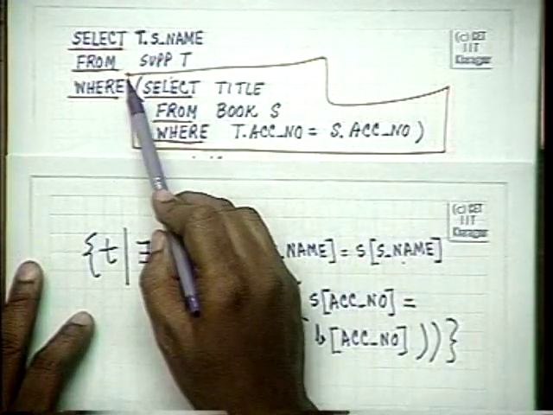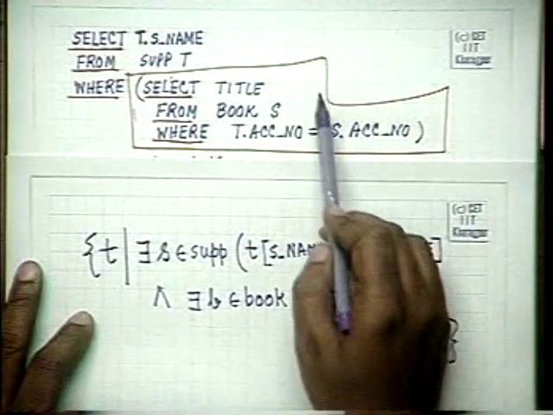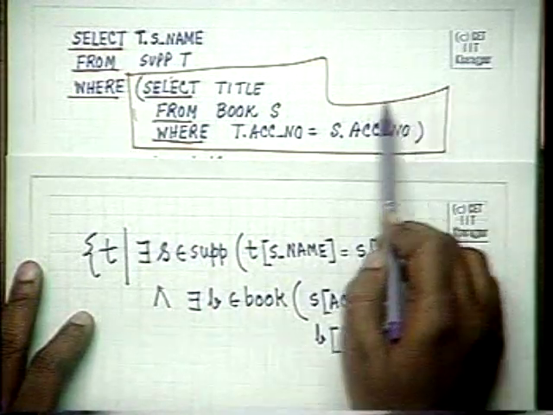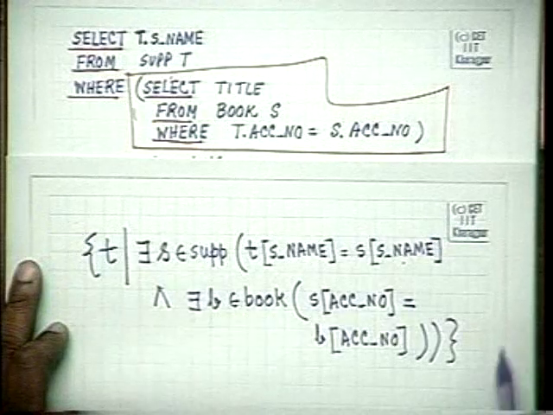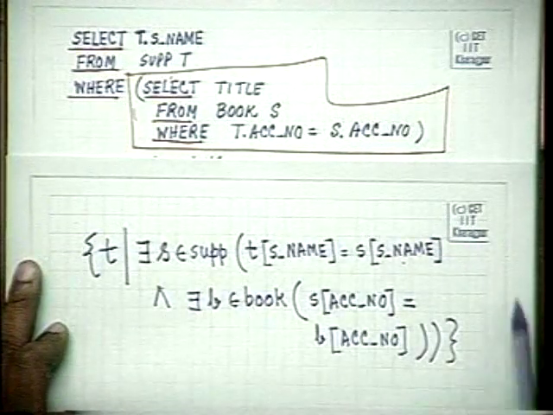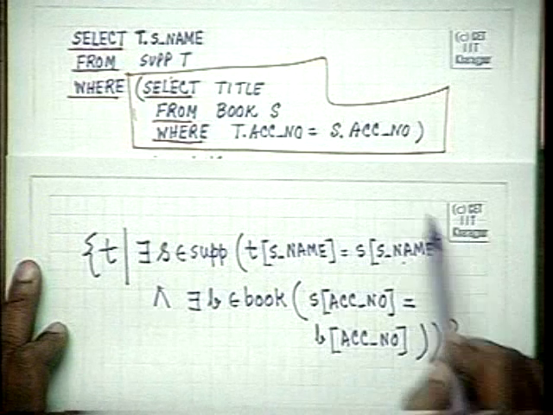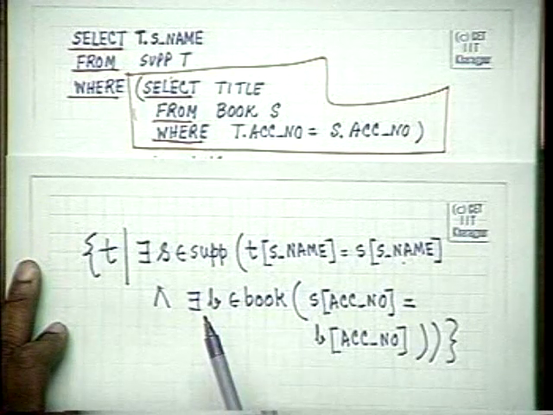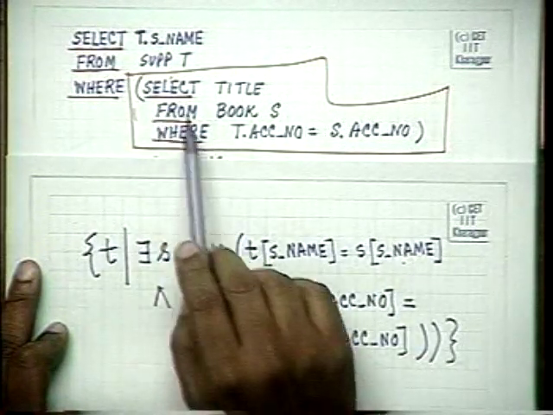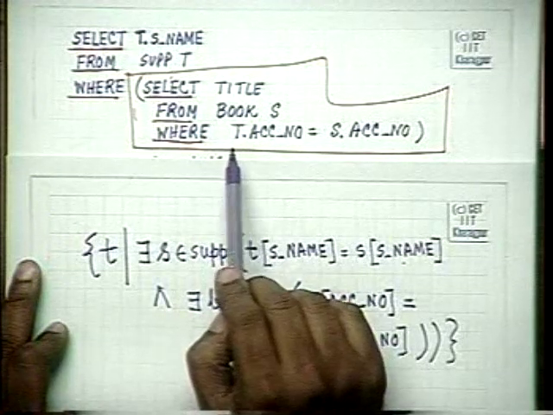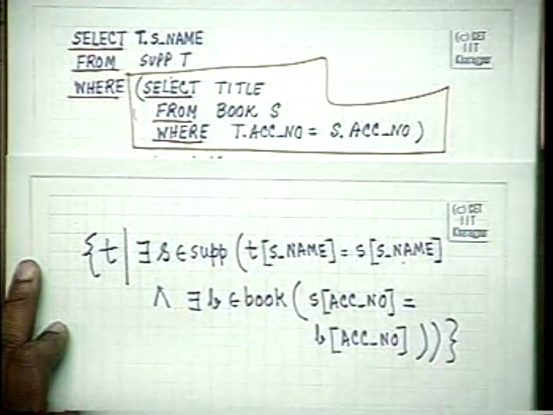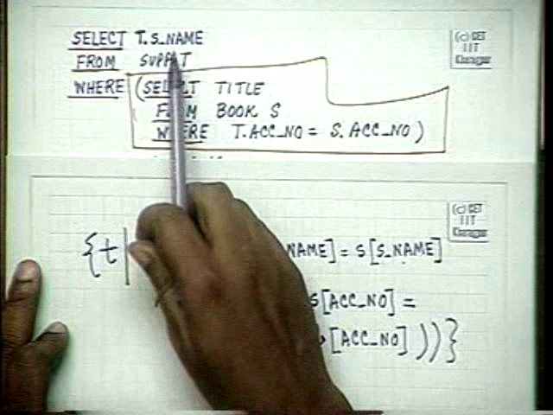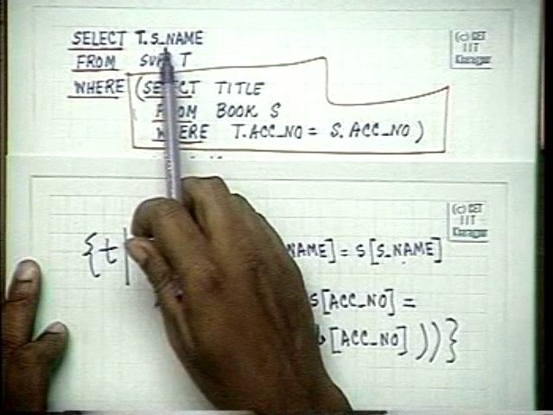But what I wanted to point out is that this part of the query is equivalent to this. It is trying to find out those suppliers who have supplied some book. It's almost equivalent to a natural join. You take out the S name, you do a natural join between book and supplier, and you take out the S name. That's what it is.